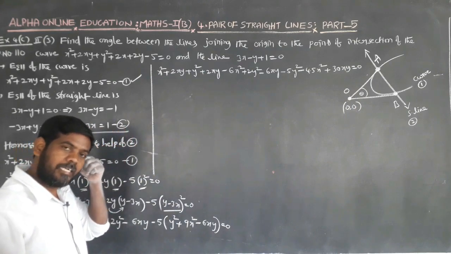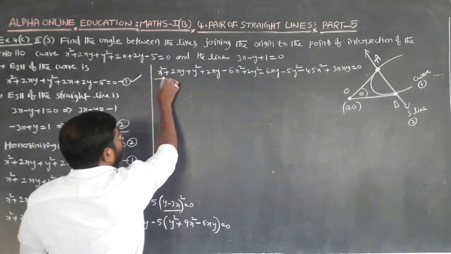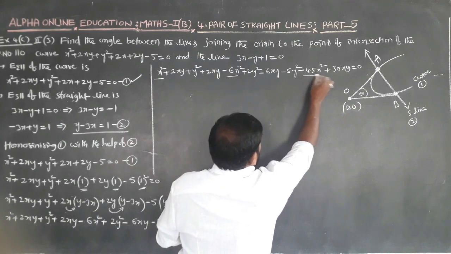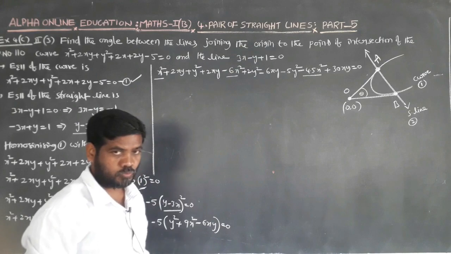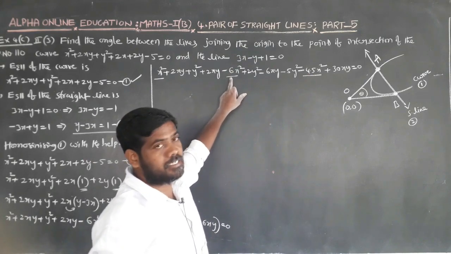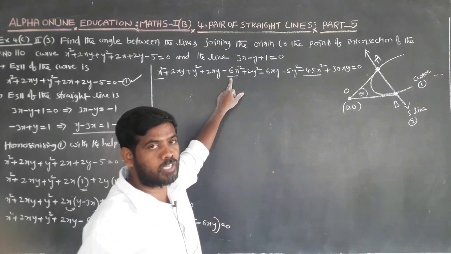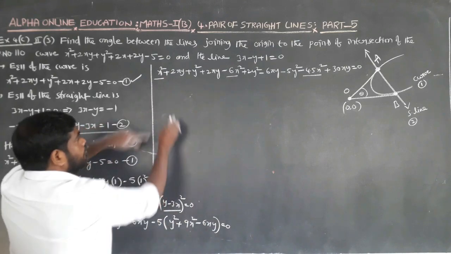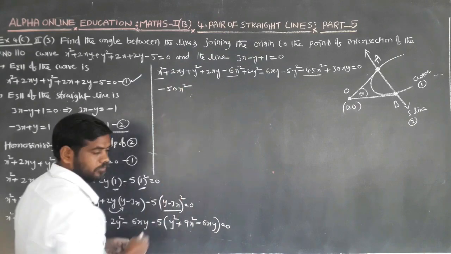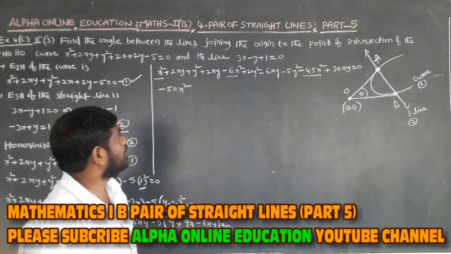First of all write x square term: 1x square minus 6x square minus 45x square, minus 6 minus 45 is minus 51, minus 51 plus 1 is minus 50x square.